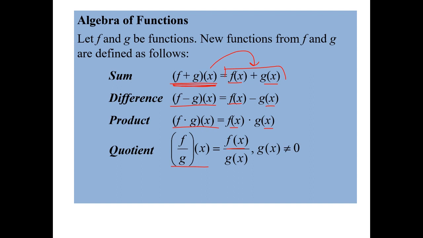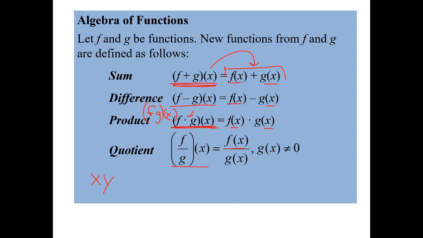With product, sometimes you'll see it with the dot, sometimes you'll see it without a dot. It still means multiplication, f times g of x. Just like when I have x times y, I'm multiplying those together.